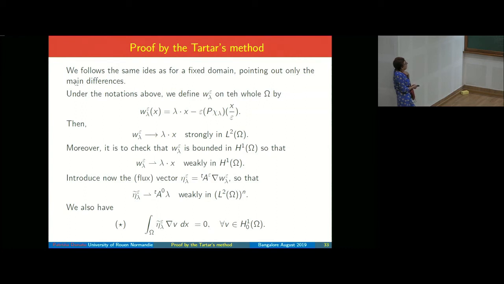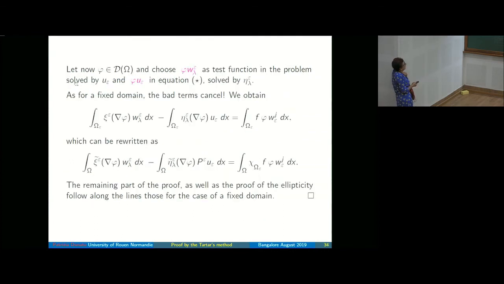Moreover, W epsilon lambda is bounded in H1, so that W epsilon lambda weakly converges to lambda dot x also in H1. Then, as before, we introduce the flux related to the transposed. Now here we extend by 0, and once extended by 0, it converges to the transposed of A0 times lambda in L2, by definition. And also, as before, the 0 extension of eta epsilon lambda verifies the equation in omega.